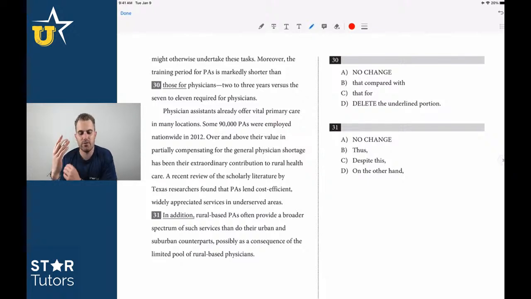Well, yeah, if you're looking for a comparison question, like moreover, the training period for PAs is markedly shorter than the training period, right? I think I see what you're talking about here. I'm just not sure if it's an illogical comparison, if you're looking for those types of questions, or if you're looking for apostrophes and confused words.